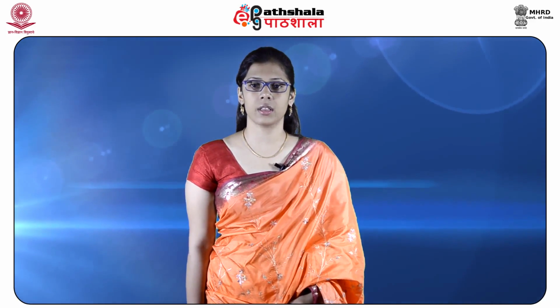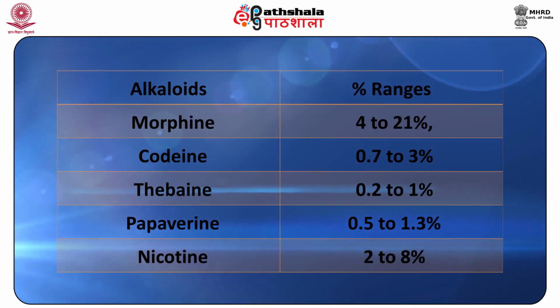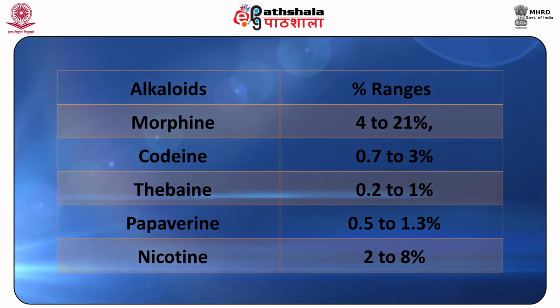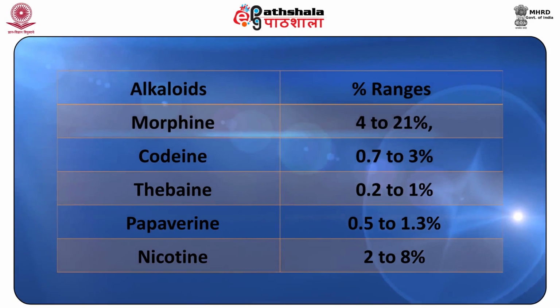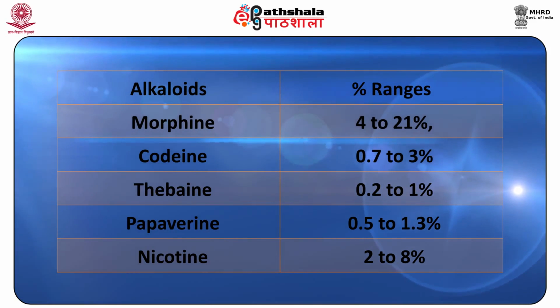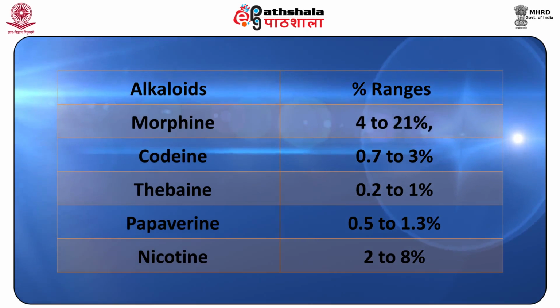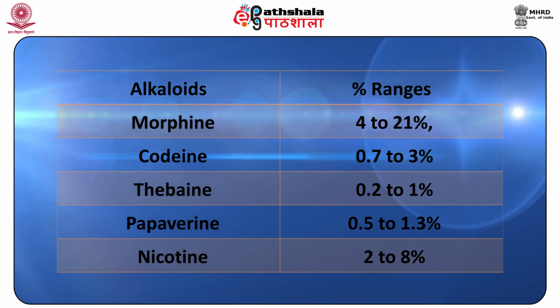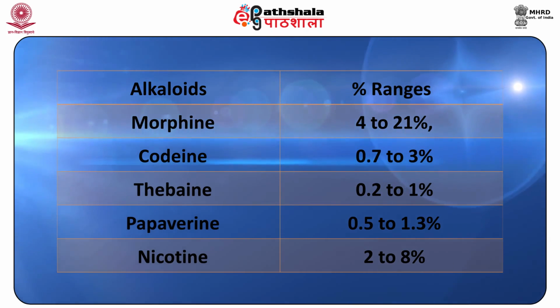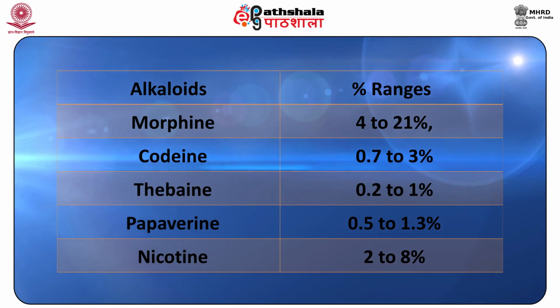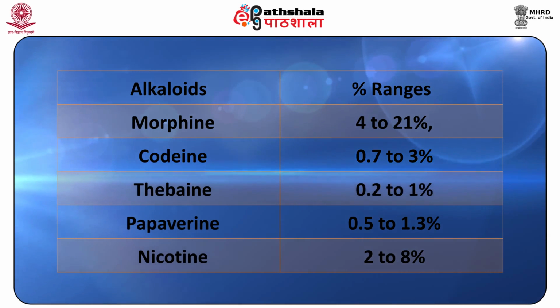The alkaloids range: morphine 4 to 25%, codeine 0.7 to 3%, thebaine 0.2 to 1%, papaverine 0.5 to 1.3%, nicotine 2 to 8%.